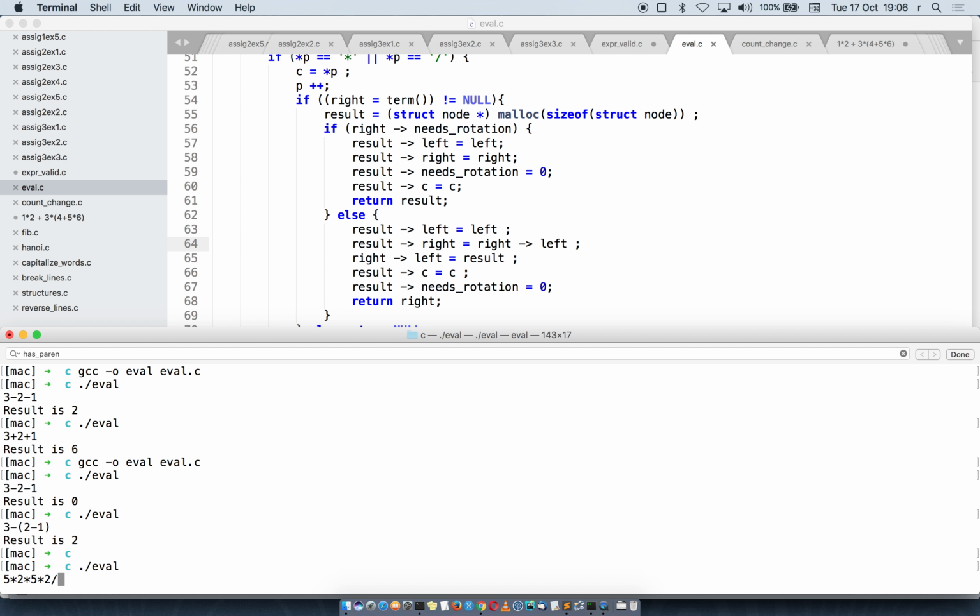So 9 minus 1 minus 3, so that's 5, divided by 9 minus 2 minus 2, so that's also 5. So we should have 4, right?